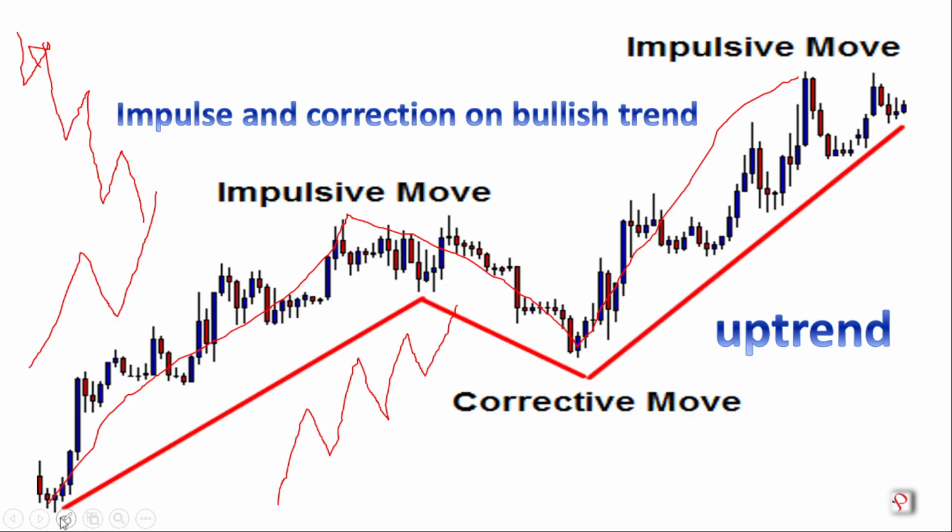So we have what we call the dynamic impulsive moves. An example of that is this. Let me show you dynamic impulsive moves. Please just follow what I'm doing carefully. This is bullish impulsive, retracement, bullish impulsive, retracement, bullish impulsive, retracement.